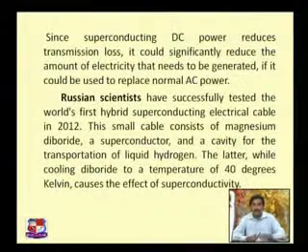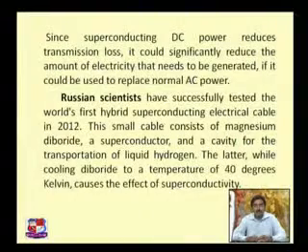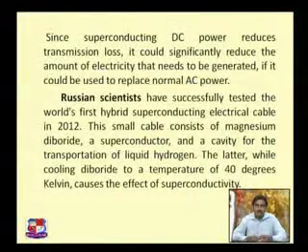In the same way, there is another small arrangement that was carried out by Russian scientists. They have made one hybrid transmission line, because all of a sudden we cannot change the whole thing. Up till now we were using a normal conductor as a transmission line, and we were using an alternate current method to transmit all this energy.